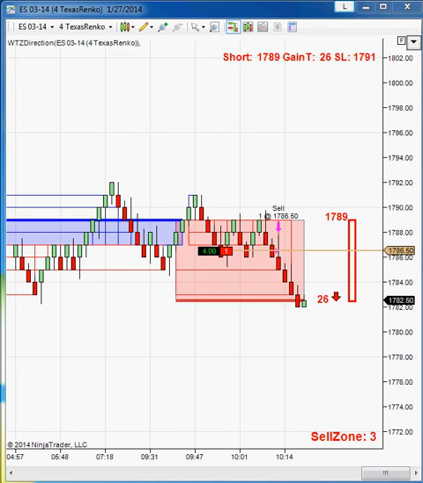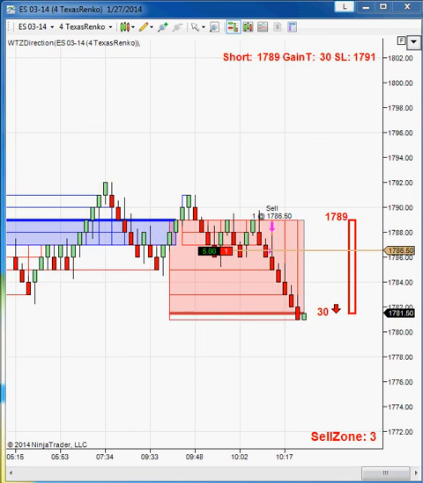Let me see. And we have a stop loss already at 1791. If they get you out of the trade, that's our final stop. But if we are in the trade and the sell zone turns to no zone, don't panic, stay in the trade.